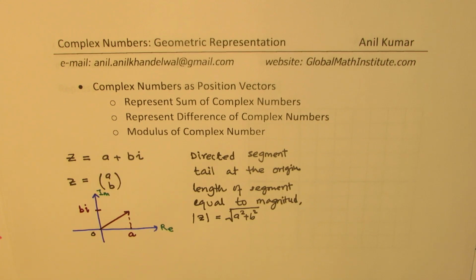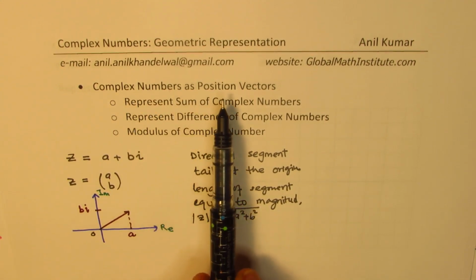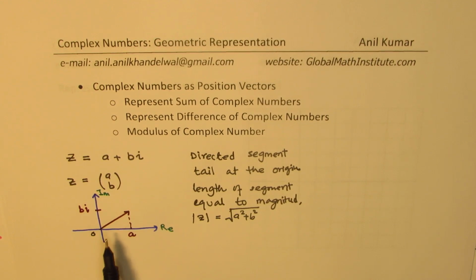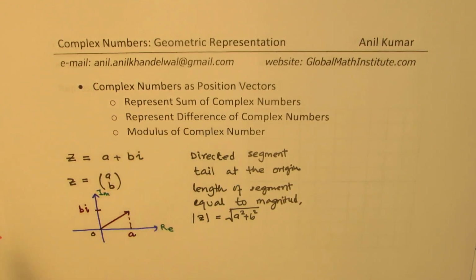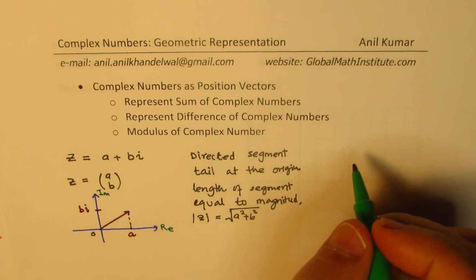Perfect. So we are going to represent our complex numbers as position vectors shown here, and then we'll also see how to add and subtract vectors. So to add and subtract, we'll have two different ways of doing it.